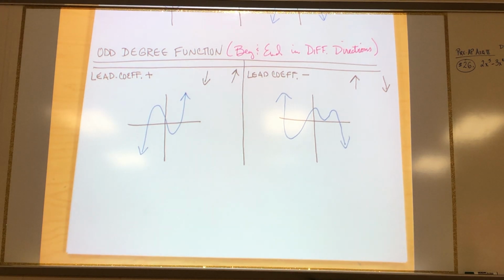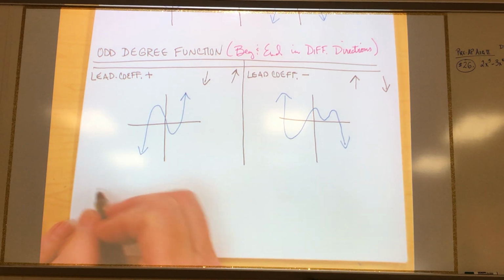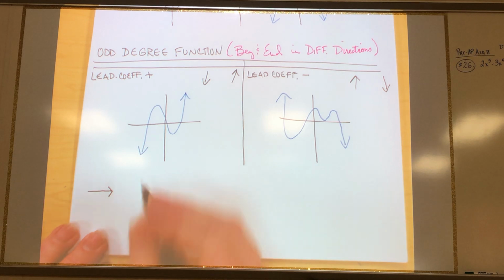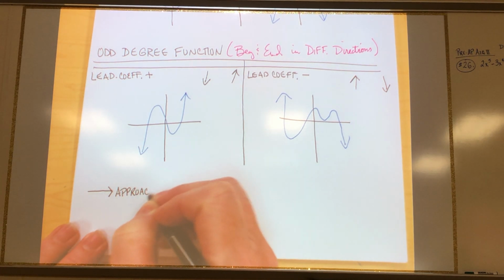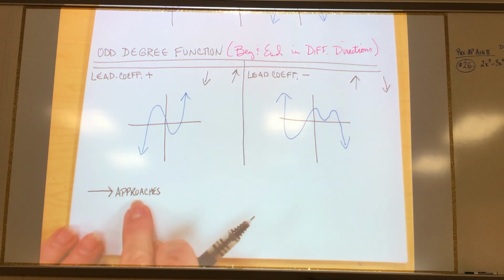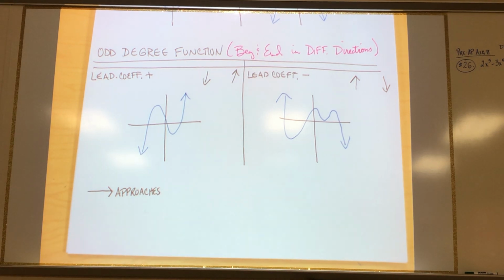One of them you've never used before, okay? But the rest of them, the way I say it, you're going to know what it is, okay? So the one that you've never used is this one. This arrow to the right means he approaches. Okay, so approaches. That means he gets closer and closer and closer to.